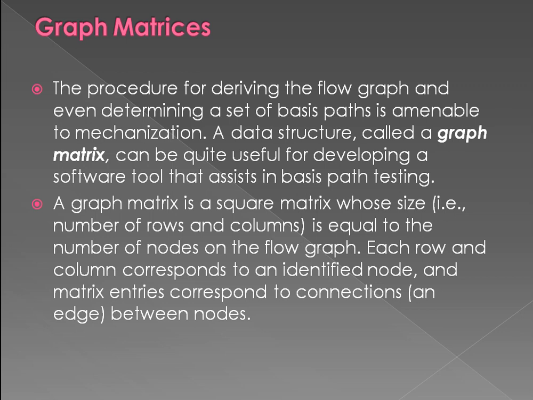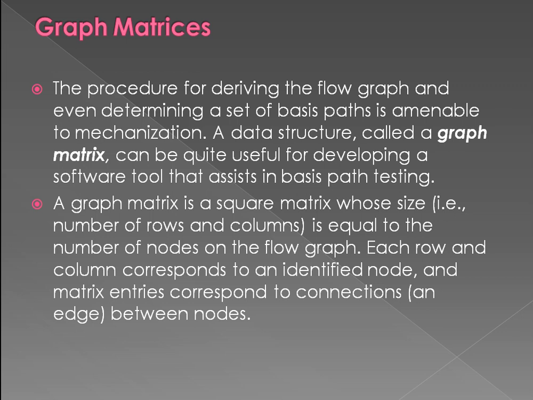It is simple: each row and column corresponds to an identified node, and matrix entries correspond to the connections. That means the rows and columns are all about the number of nodes, and inside I need to plot a cell wherever the row and column match.